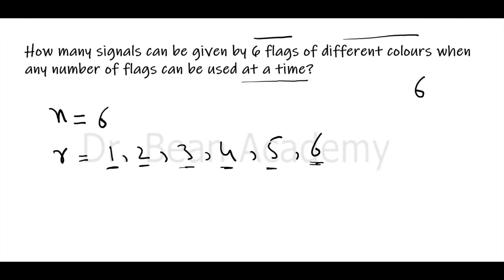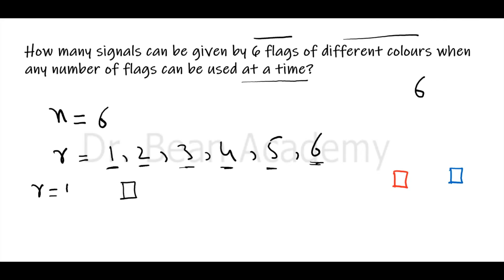Like if I show you 6 different flags, how can you do that? Of course the first one is easy. When R is equal to 1, I know that every time I can show only one flag, right? So I will show suppose blue, then the next time I will only show the red, okay, then it's gone. So if R is 1, I can only give 6 signals.